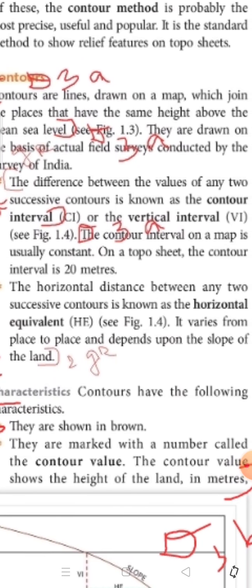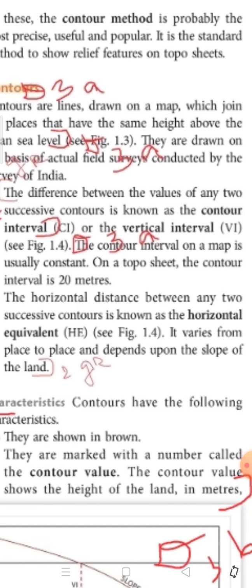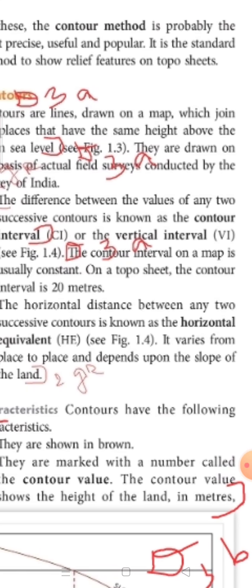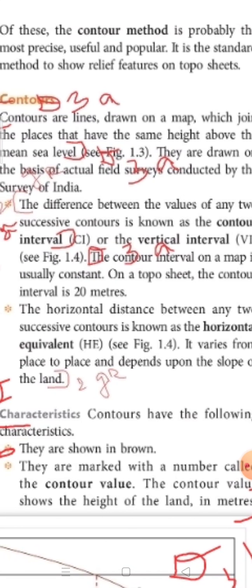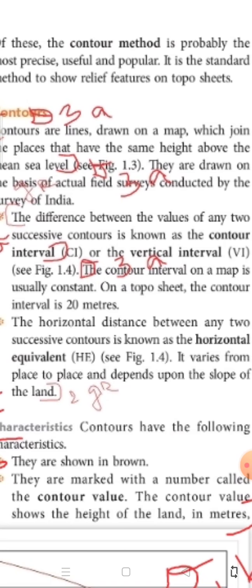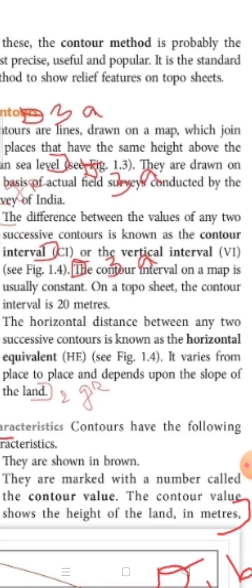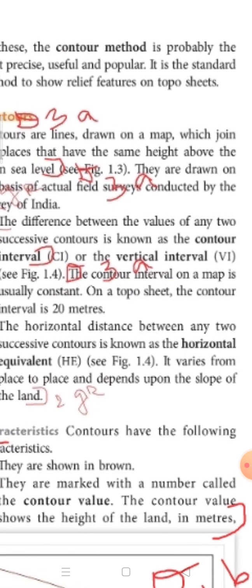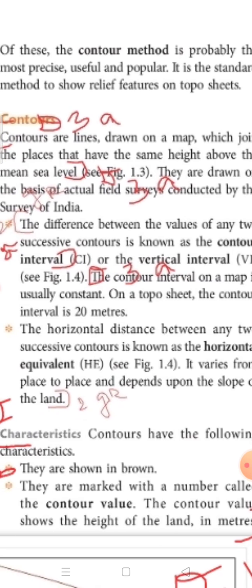On a topo sheet, the contour interval is 20 meters. The horizontal distance between any two successive contours is known as the horizontal equivalent. It varies from place to place and depends upon the slope of the land.